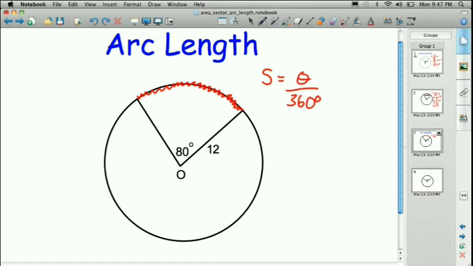The formula is theta upon 360 into 2 pi r. Because arc length is a part of circumference, so theta upon 360 into 2 pi r, so we will put the values 2 into pi into r.